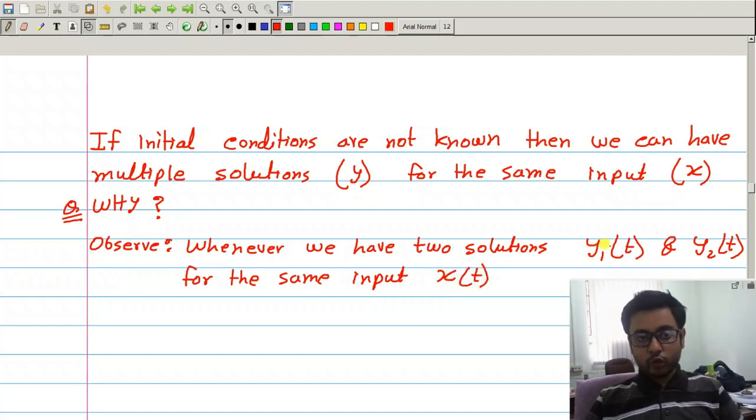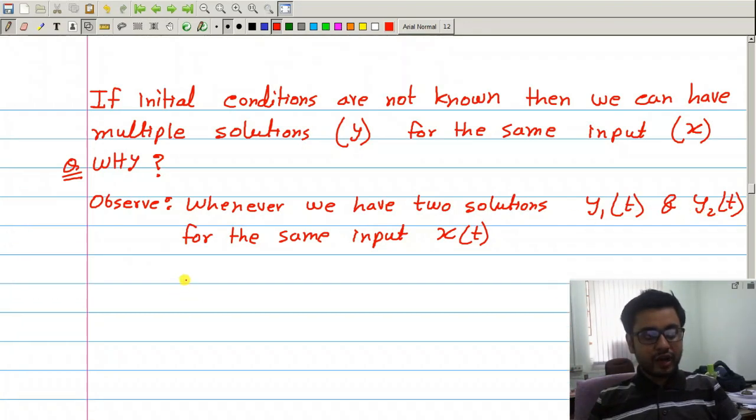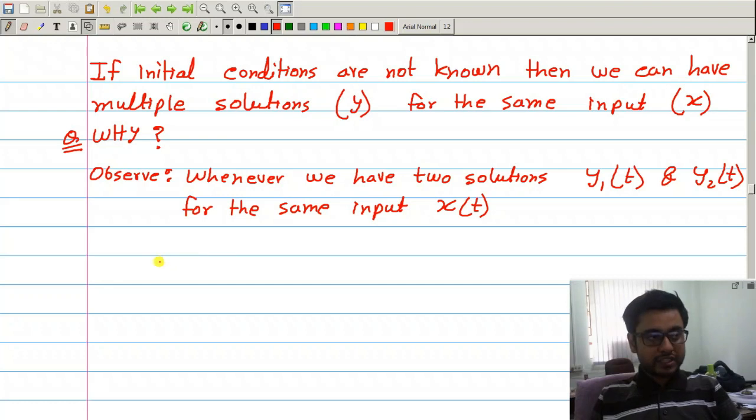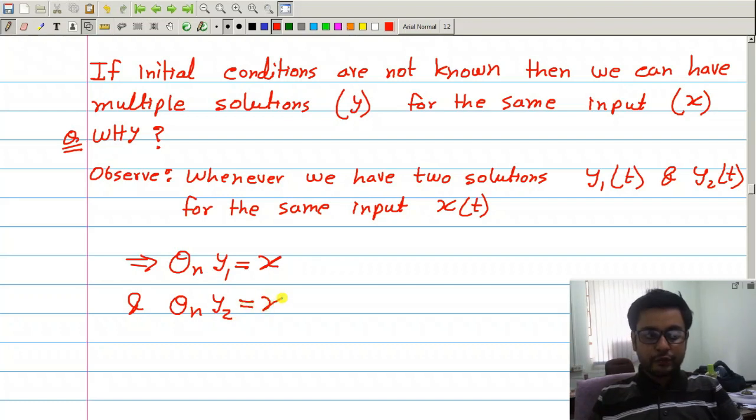That means y1 and y2, both of them satisfy this equation that O_N acting on y1 will give us x, and also O_N acting on y2 will give the same input x.